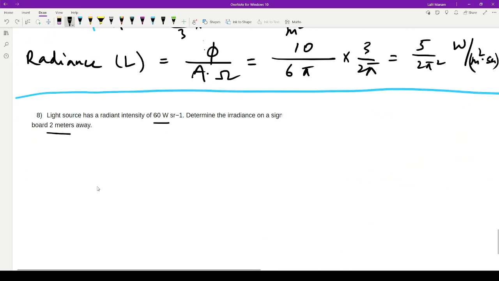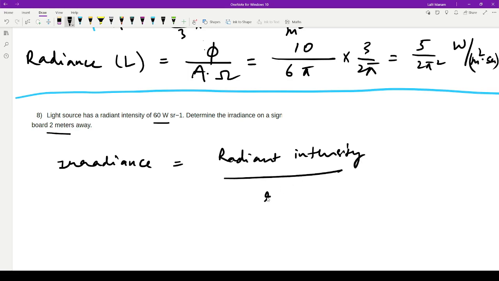I think it's... irradiance is what? Radiant intensity upon r square. Okay.